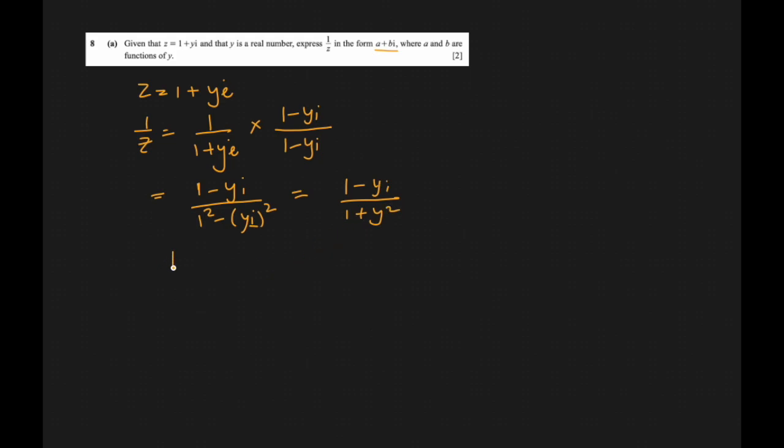And if you want to write it, we can write 1 over 1 plus y square minus y over 1 plus y square i.